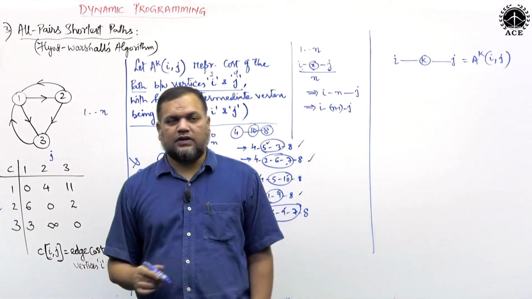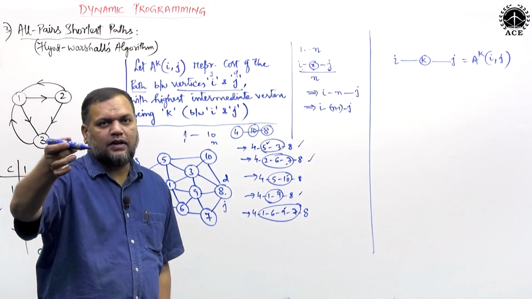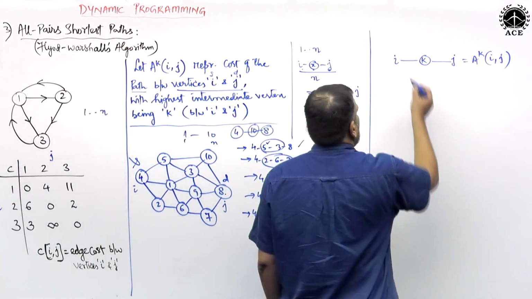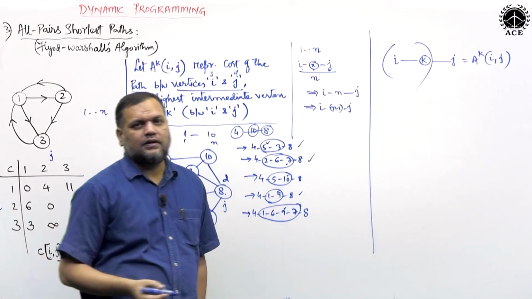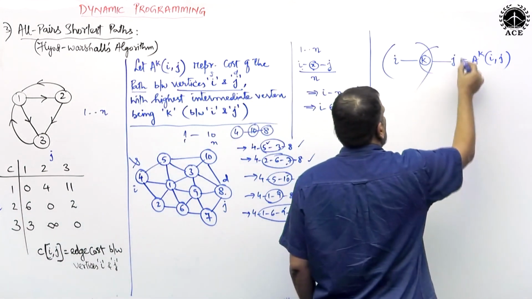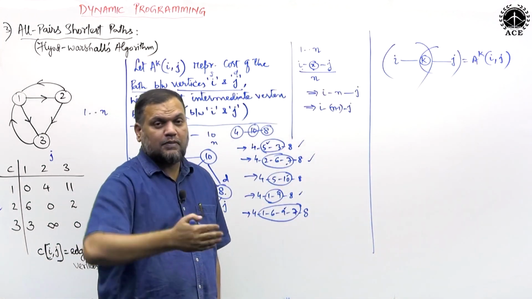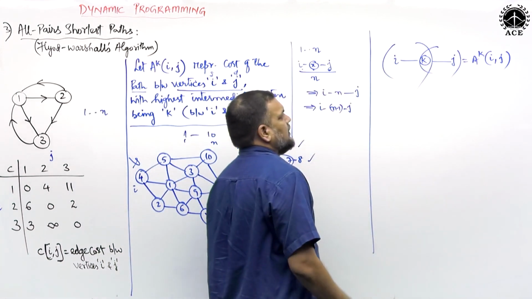Following my previous argument, the shortest path may go through k or may not go through k. If it goes through k, then I can break up my path into two subpaths: one from i to k and the other from k to j. Two paths, by the optimal substructure property.